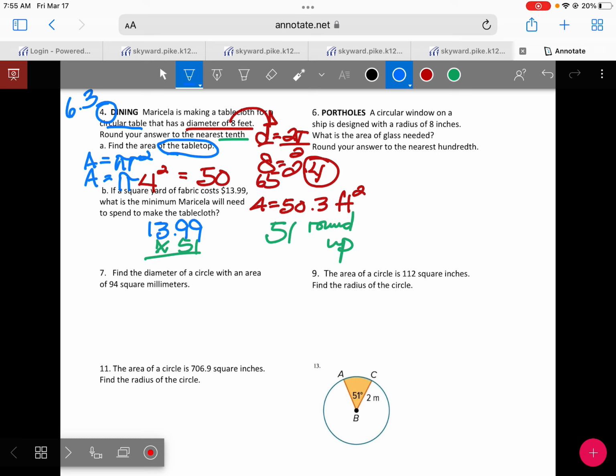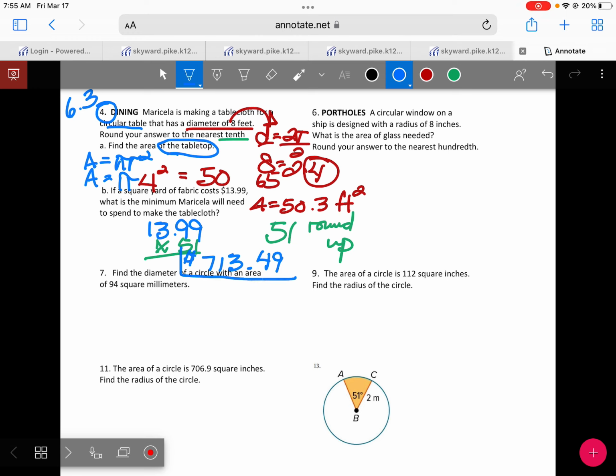A little bit louder? $713.49. Is that right? Man, that seems really big too. 10 times 51 would be, yeah, I think you're right. 10 times 51 would be $510. Am I missing something?